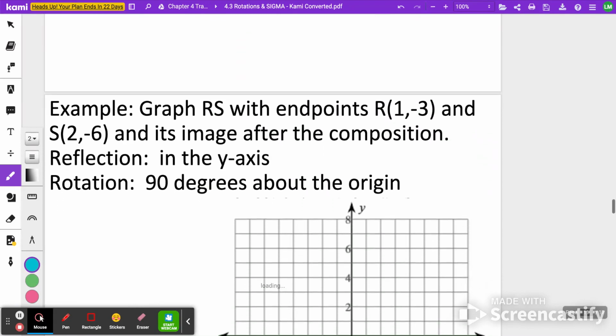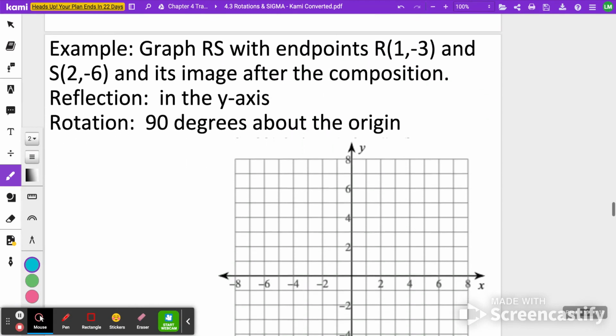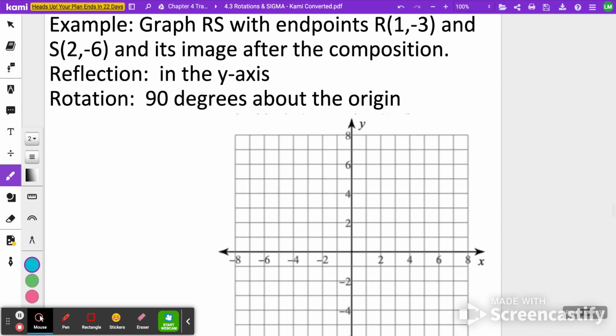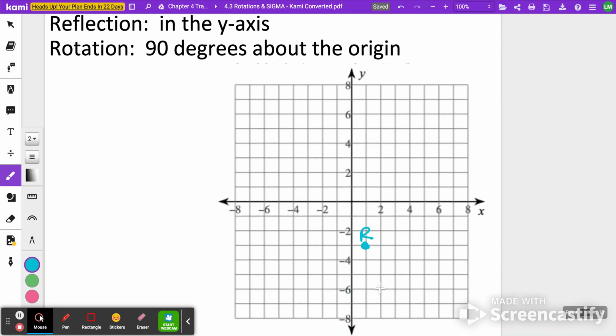Now we're going to go on and talk about how we can do a combination of rotations and reflections. It says graph segment RS with endpoints R at (1, -3) and S at (2, -6), and its image after the composition. So the first thing we want to do is plot R at (1, -3) and S at (2, -6), I'm going to scroll down here.